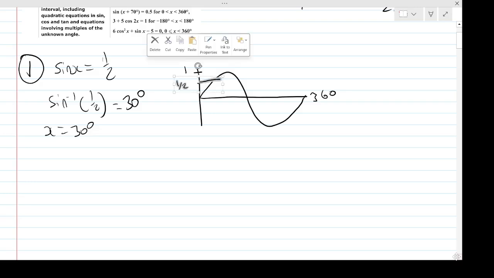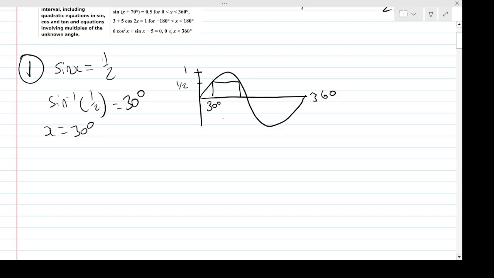And then if we read off our graph, there are two solutions, which is where it crosses the curve, there and there. Now, the calculator will always give you the closest solution to 0. In other words, it'd be this solution here. That's telling me this is 30, then, right? But we have seen there's another solution here, right?